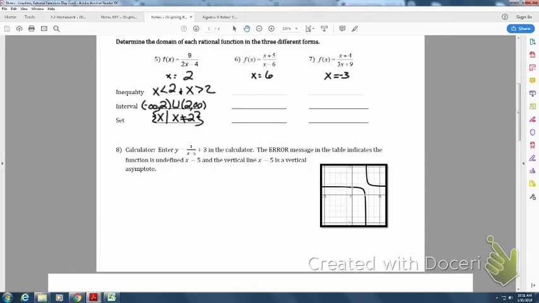So, go ahead and write all 3 forms for the next 2. It shouldn't be that hard because everything is the same except instead of 2, you're going to write 6. Instead of 3, you're going to write negative 3 on the last one.